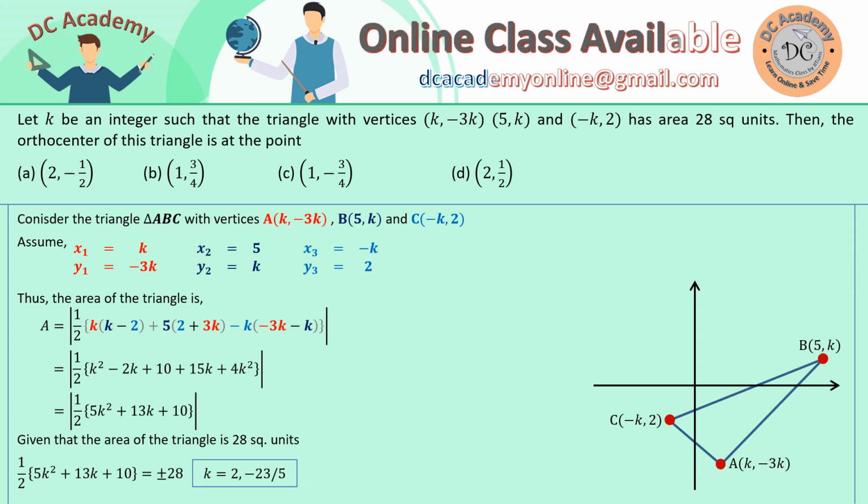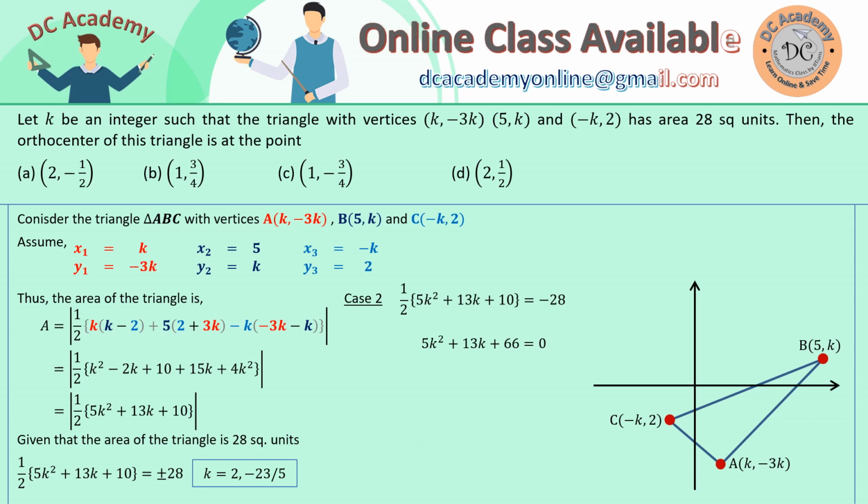Let's go ahead to case 2. For case 2, we consider the value as minus 28. If we multiply both sides by 2 and simplify, we get 5k square plus 13k plus 66. Now see that this equation is not factorizable so easily, so we have to apply the general formula for solving a quadratic equation.